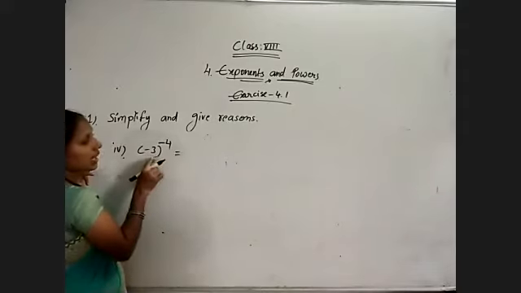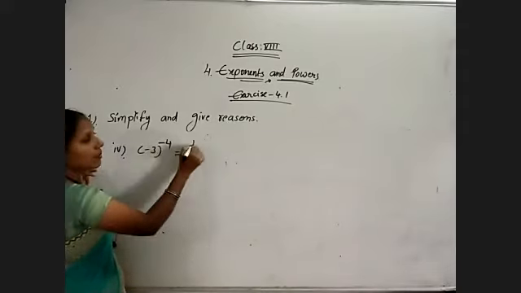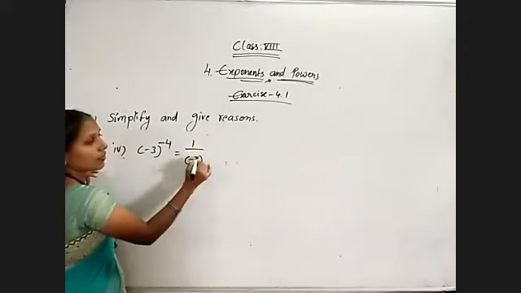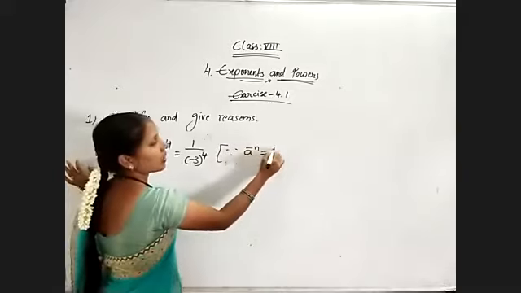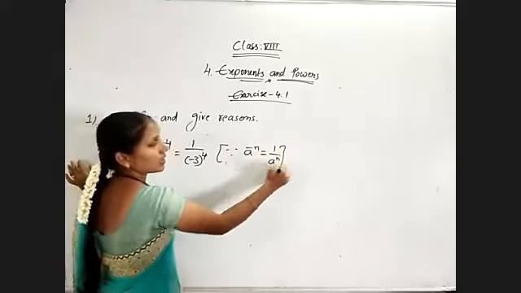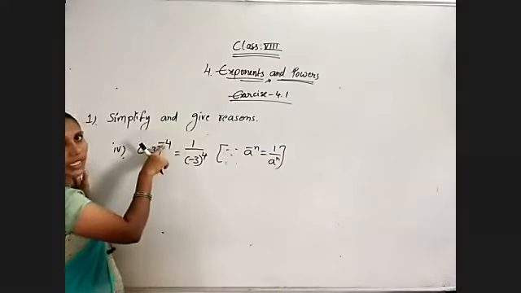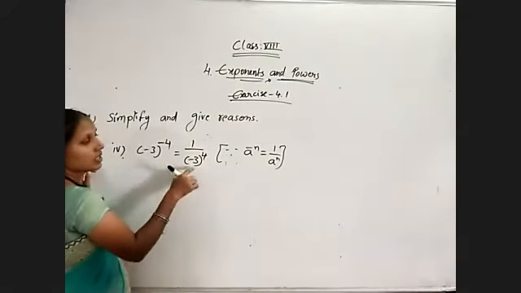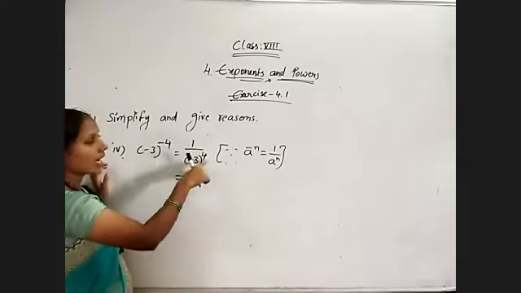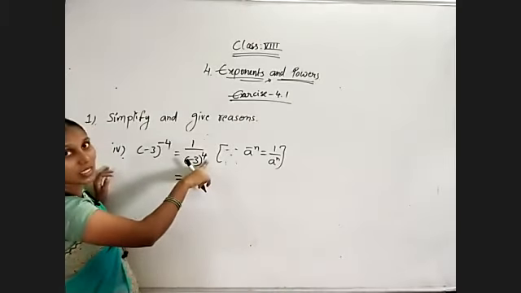Now it is in the a power minus n form, 1 by a to the power of n. This is because a power minus n is equal to 1 by a to the power of n. Whenever a negative exponent is there, first simplify that one only. And now apply this. Base is negative, but the exponent is a positive even number, so we will get a positive result.